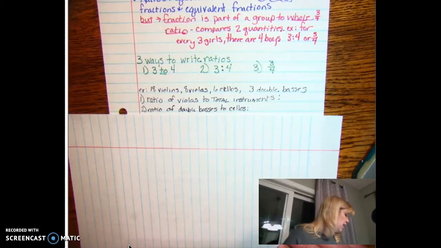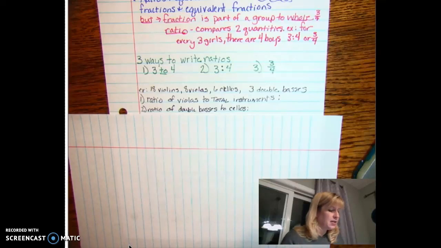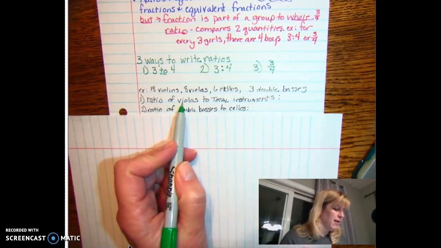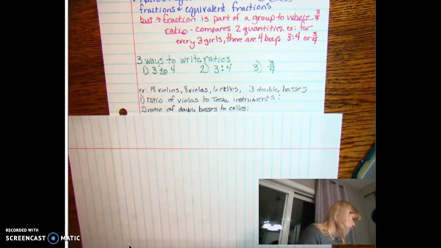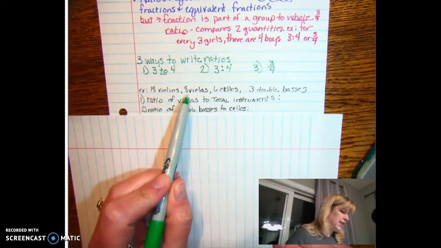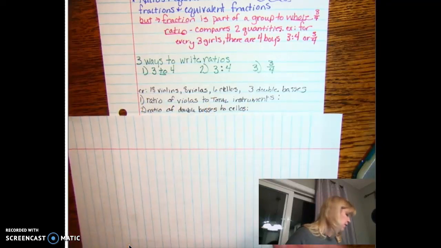So if we take a look at the ratio, and remember I said fractions are parts of a whole. In this ratio, we do want the ratio of violas to all of the other instruments. So if we add all of them up, if you have 18, 8, 6, and 3, if you want to pause and figure that out, you can.